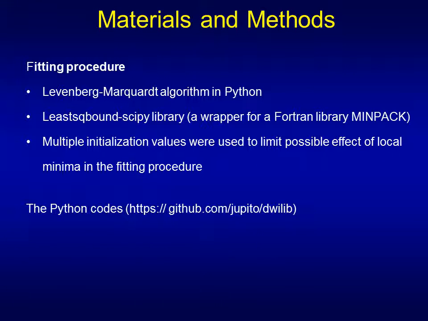Fitting was performed using the LM algorithm in the Python programming language. Specifically, we used least_squares from the SciPy library, which is a wrapper for the Fortran MINPACK library. Multiple initializations in a grid search were used to limit the possible effect of local minima. The fitting code, but also the post-processing code, is freely available at the following address.